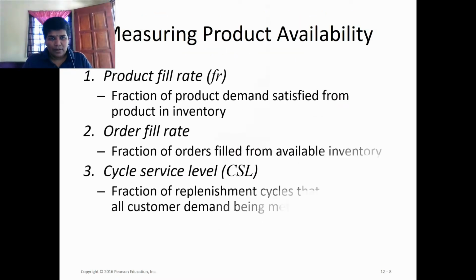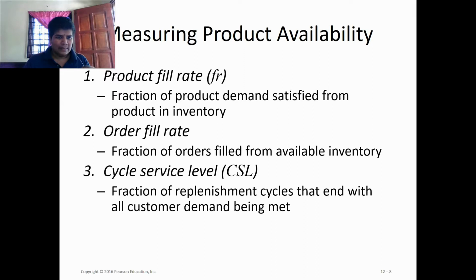Measuring product availability. You need to look at product fill rate. Product fill rate, FR, is the fraction of product demand satisfied from product inventory. Order fill rate is the fraction of orders filled from available inventory.